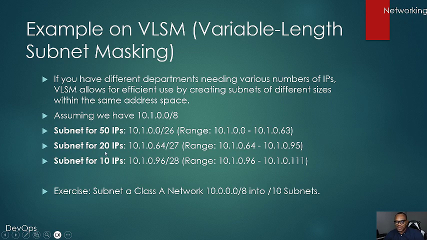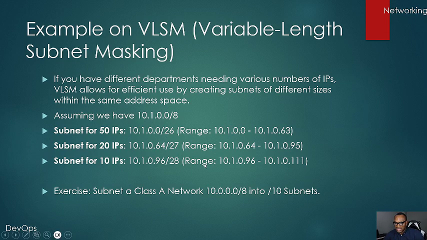All right, we have another department that needs 10 IP addresses. How many bits do we need for the host portion to get 10 IP addresses? 2 raised to power 3 is 8. That's not enough. So 2 raised to power 4 is 16. That will be enough. So we need 4 bits to get 10 IP addresses. Remove 4 from 32, we have 28.